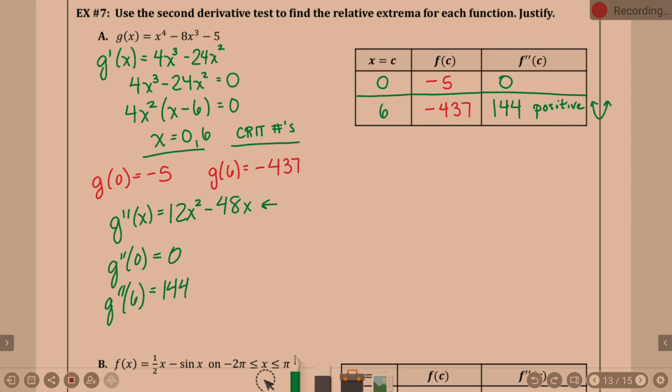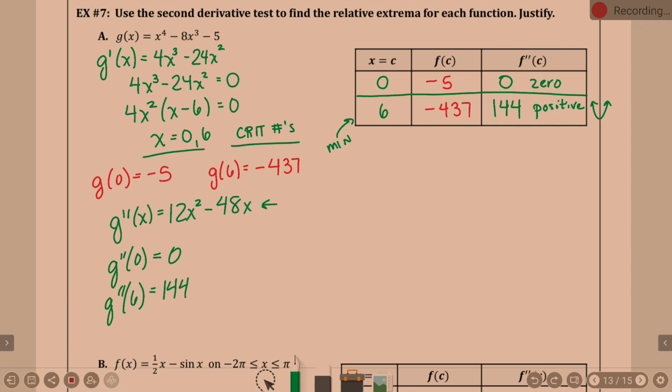A minimum. What about when the second derivative is 0? It's a possible inflection point. We just don't have a conclusion on that one.